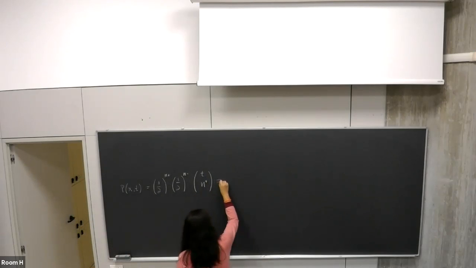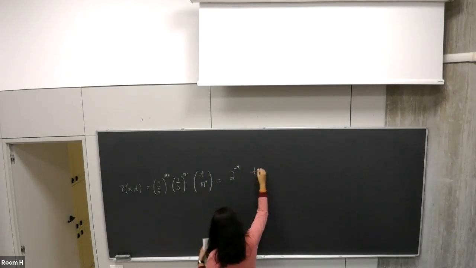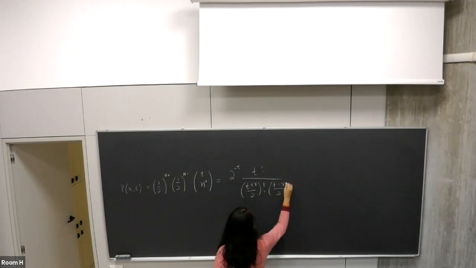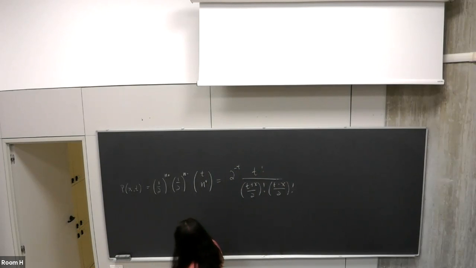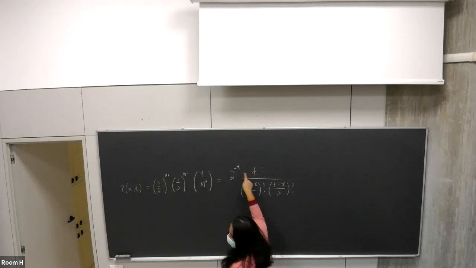And we want to show that this is equal to this expression over 2 factorial, right? To show that the probability of having the position x at time t depends only on t and x.